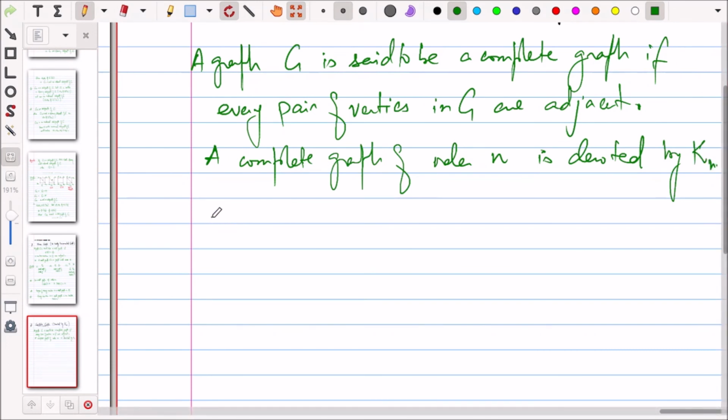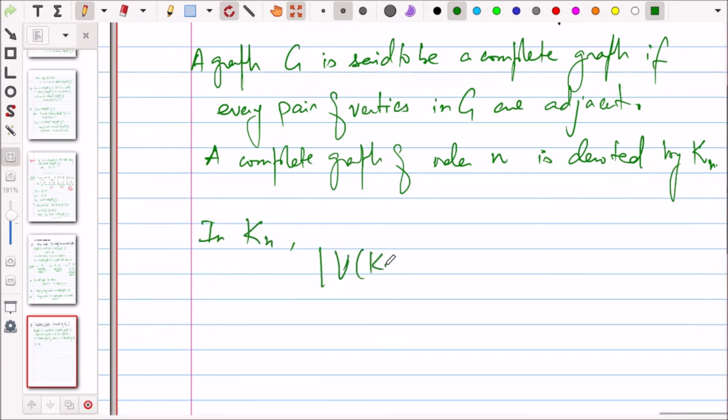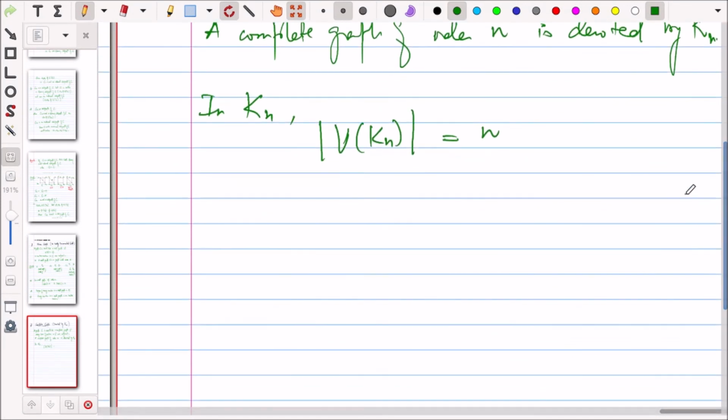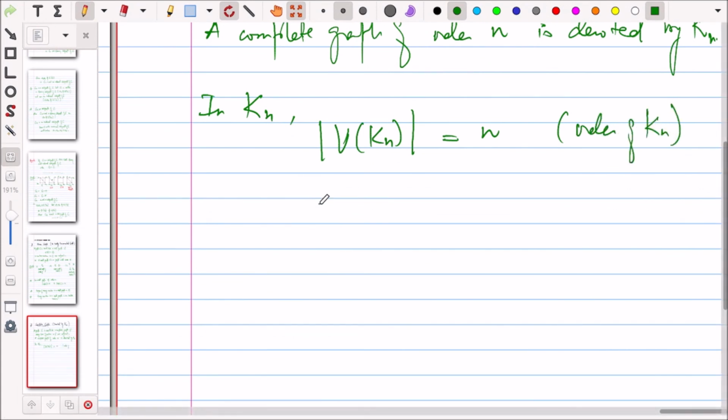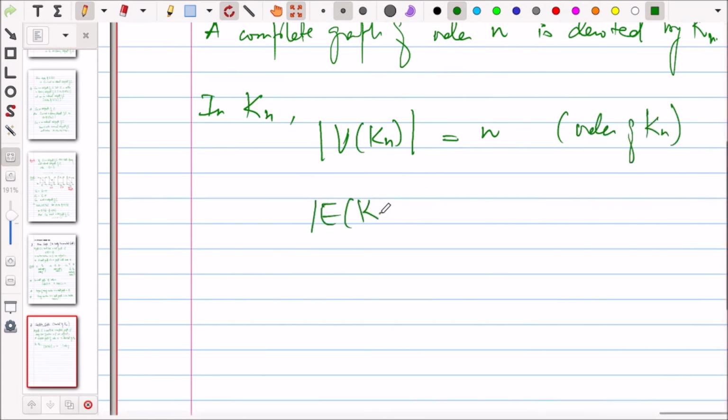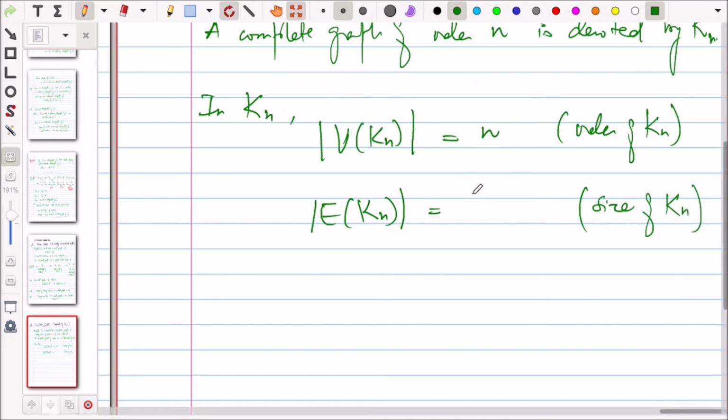So in Kn number of vertices कितने होंगे? N, order of Kn and number of edges, मैंने बताया था ना मैक्सिमम पॉसिबल एजेस कितने होते हैं किसी भी ग्राफ में. अगर कोई भी ग्राफ है NC2. ठीक है?